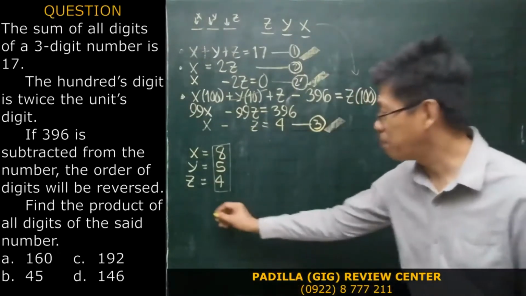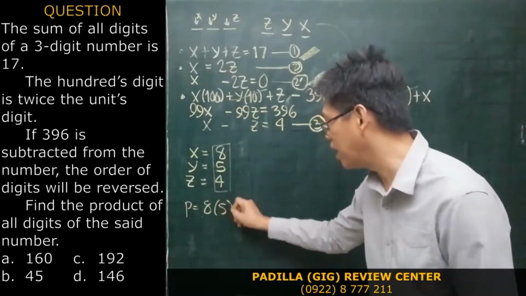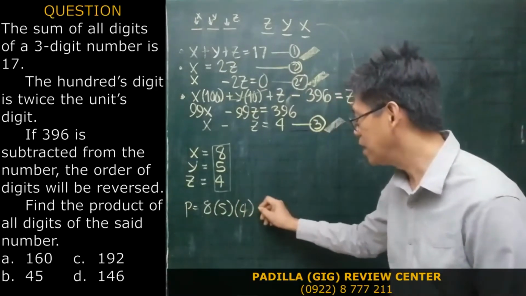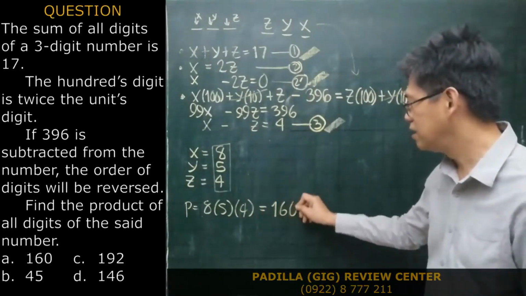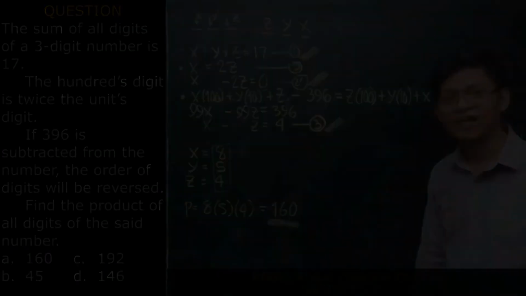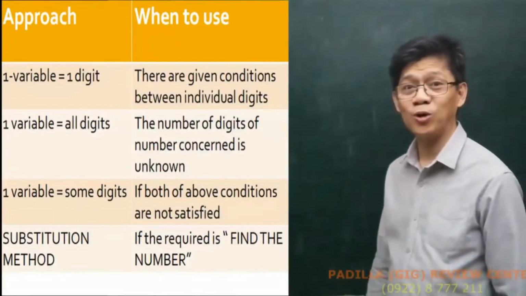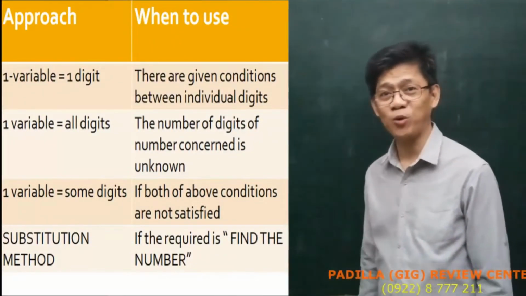And the product of the digits is 8 times 5 times 4, and this is going to be equal to 160. So the answer is letter A. One variable, all digits approach. When do we use this approach?